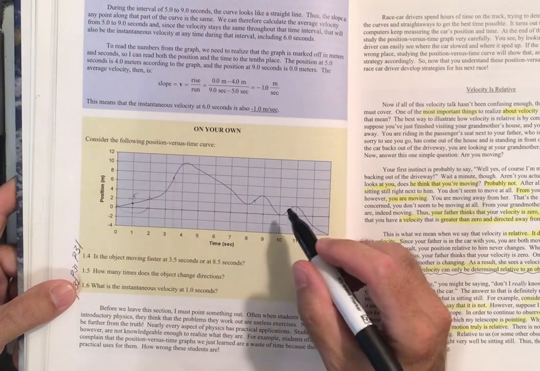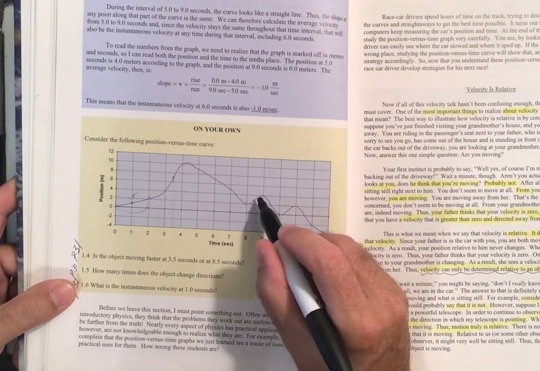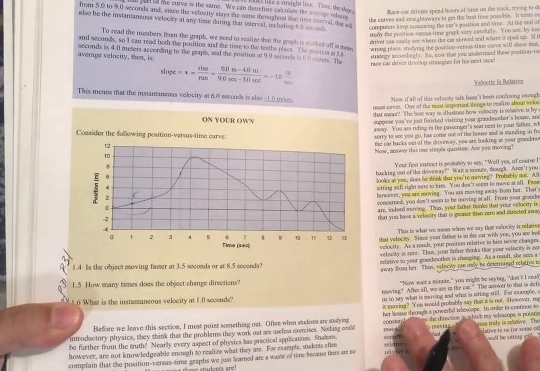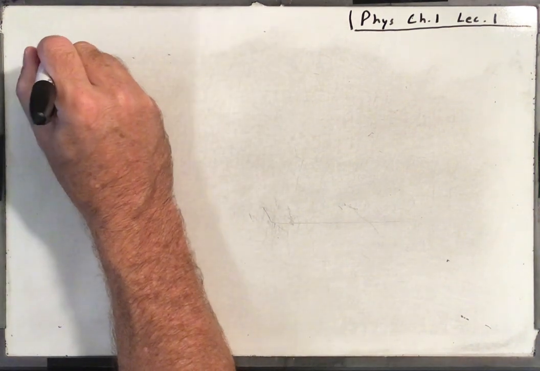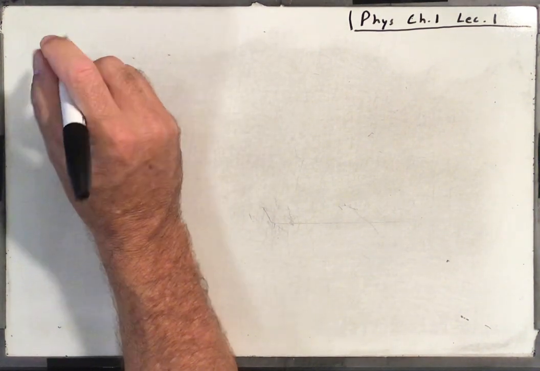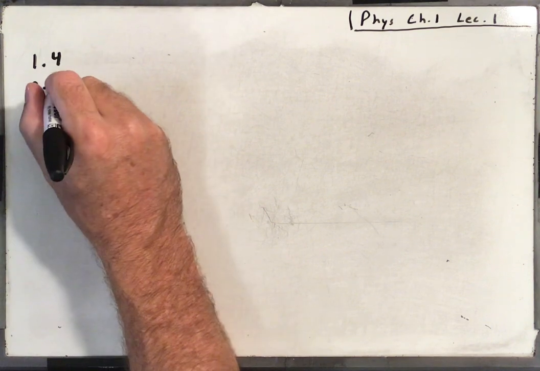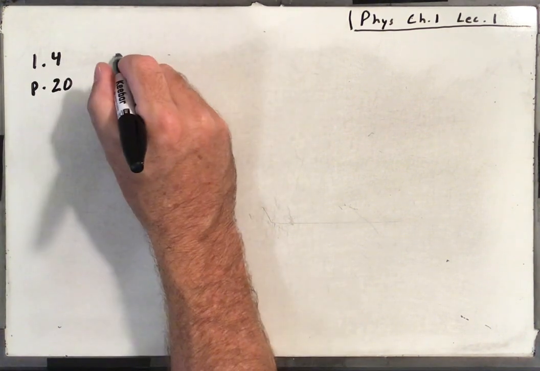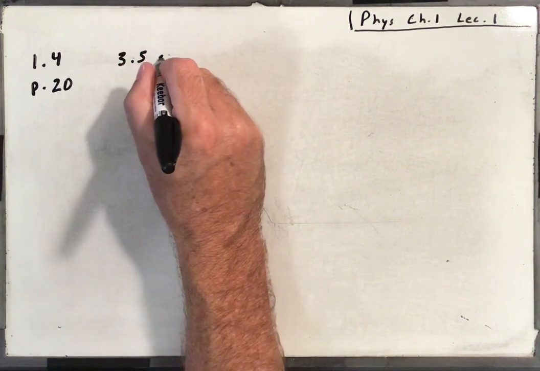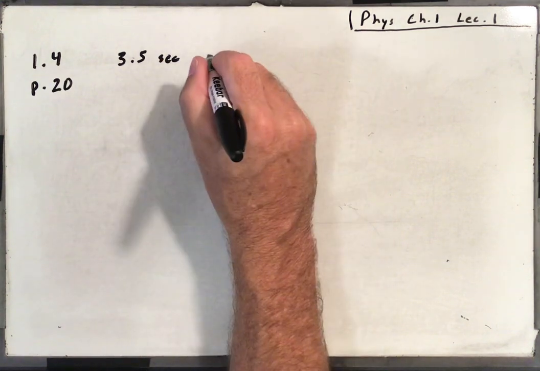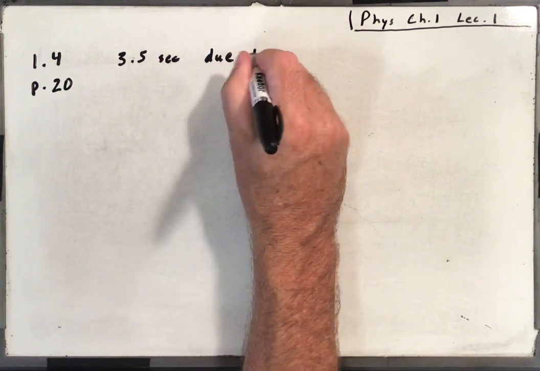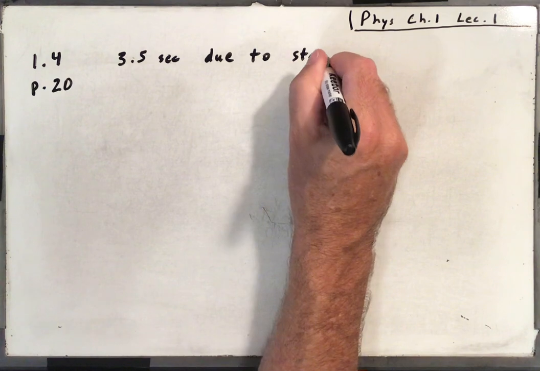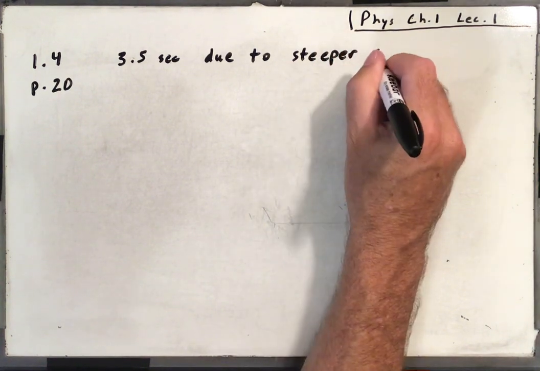The slope at 8.5 is less steep. Okay, so comparing the two, 3.5 seconds is faster due to steeper slope.